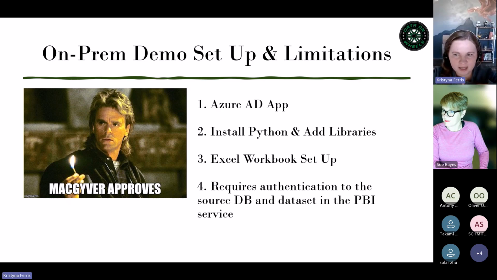Next, you would have to install Python and add libraries. Again, if you're new to Python and you don't have a Fabric instance, I have a blog post that goes through how to install Python, how to add all these libraries, and the entire demo that I'm going to briefly walk through today. So I also have an Excel workbook set up. That setup handles all of the credentials that we're going to need, so it'll have the authentication to the source database and the Power BI service.